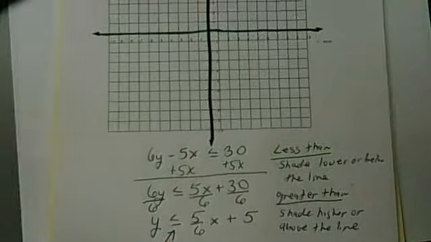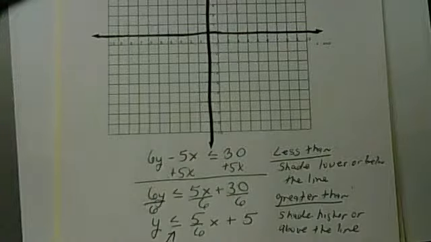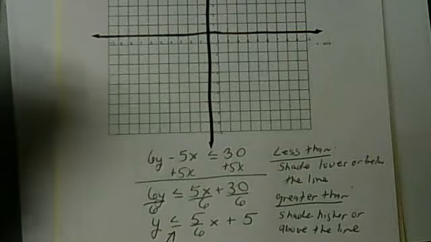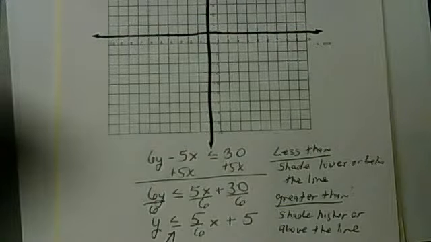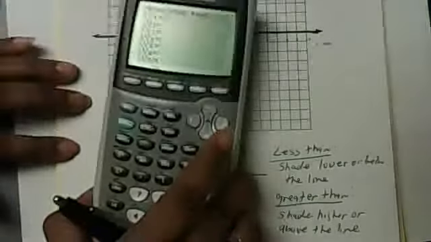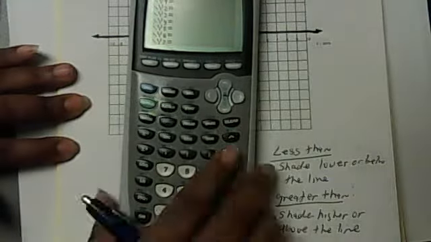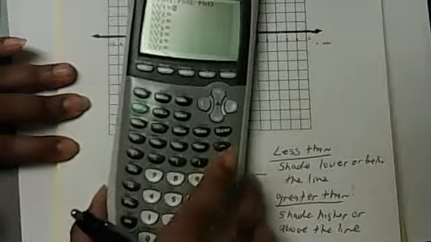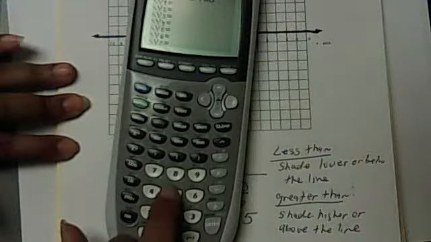But the first thing we're going to do is put this y equals 5 over 6x plus 5 into our calculator. Okay. So I got my calculator, and I'm going to put in this 5 over 6x plus 5.